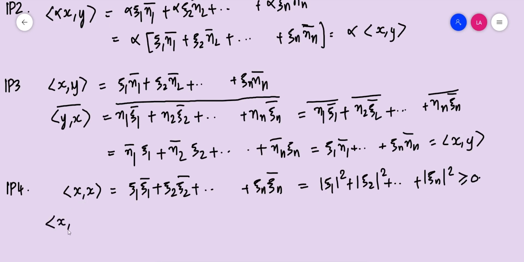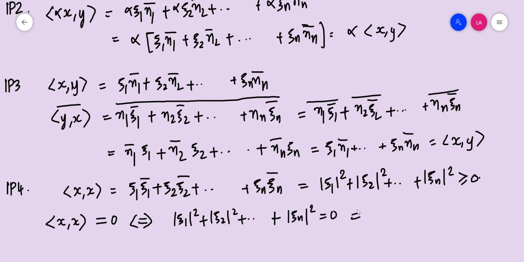Now inner product xx is equal to 0 if and only if this quantity is equal to 0. Since each of them is positive, this should be equal to 0, which means each of them should be equal to 0 for all j, which is 0 if and only if theta j is equal to 0.